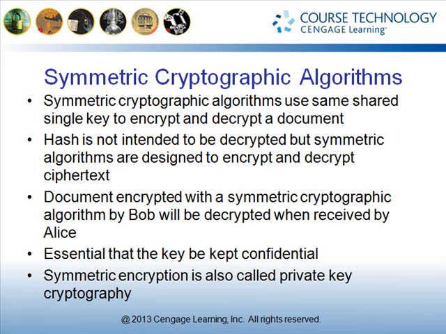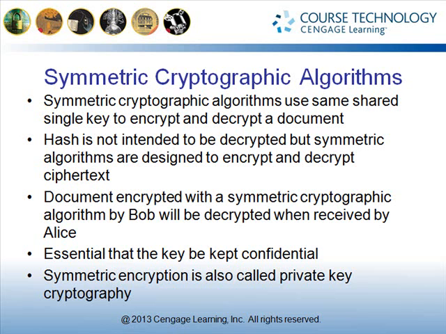But now we're talking about the ability to encrypt a document and then transfer it to someone else, perhaps, who could then decrypt the document. The first type of cryptographic algorithms were known as symmetric cryptographic algorithms.